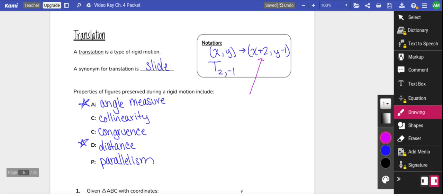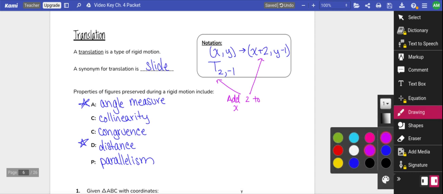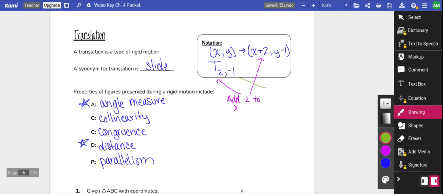These both mean that we're going to add 2 to my x coordinate. And it also means that we're going to need to subtract 1 from y. So whichever way you see it written, they're the same meaning. We're going to do one of each right now.